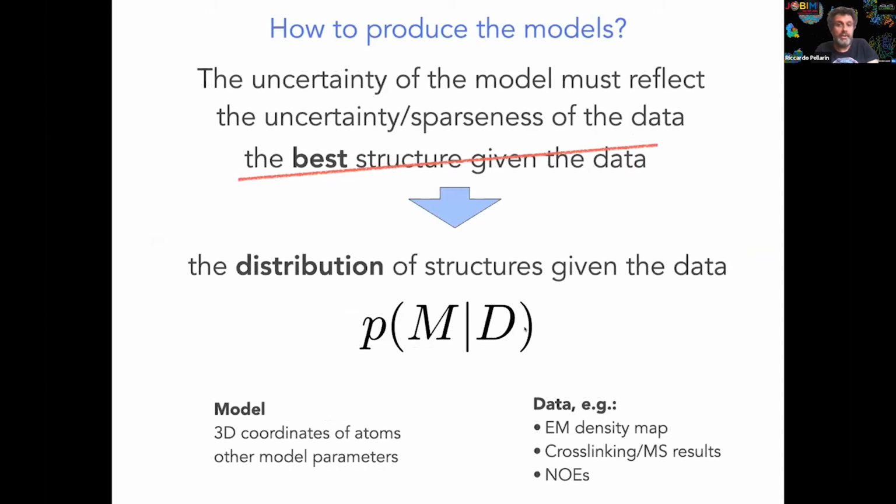In other words, what you are interested in is determining not a single structure, but, let's say, the conditional probability of M, where M is the model, the set of all 3D coordinates of atoms or other model parameters which are defined for your system, given the input data. Your input data can be anything at this point.